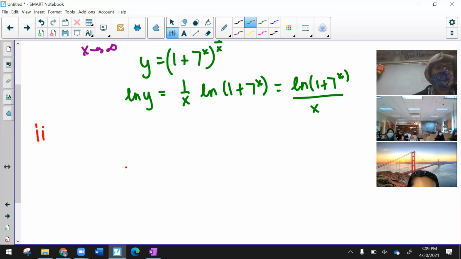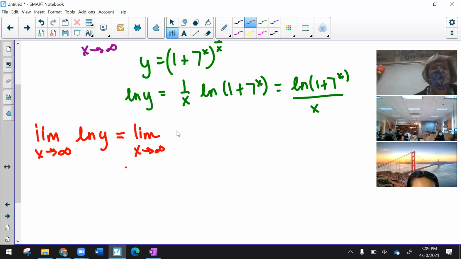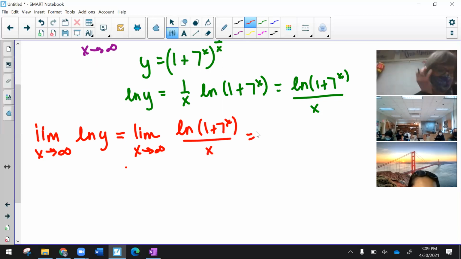Then I take my limit as x goes to infinity of the natural log of y. So that's the limit as x goes to infinity of the natural log of (1 plus 7 to the x) over x.